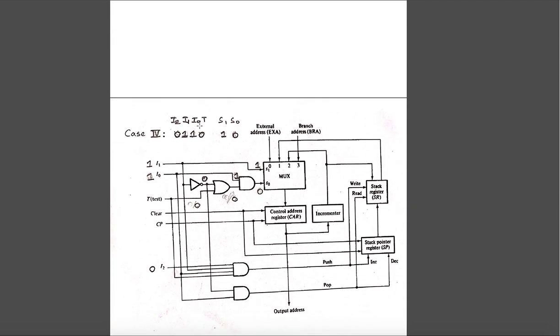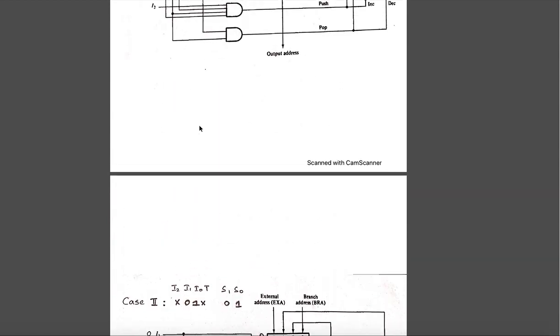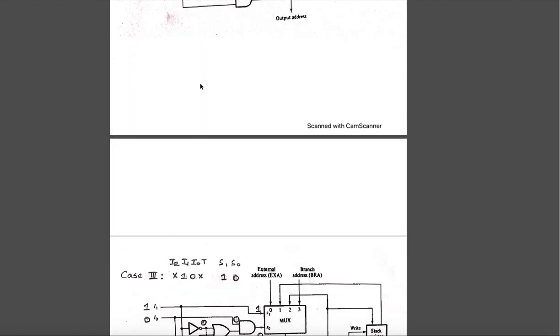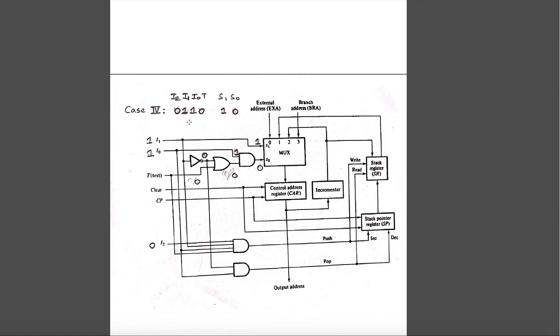Now the fourth case. When both I1 and I0 are 1, what is the operation that needs to be performed? In the fourth case, when both I1 and I0 are 1, with the change that I2 will be 0 and test will also be 0. So here we are going to change it as 0 and 0 in test and I2. If it is 1 here, obviously S1 will be directly 1.